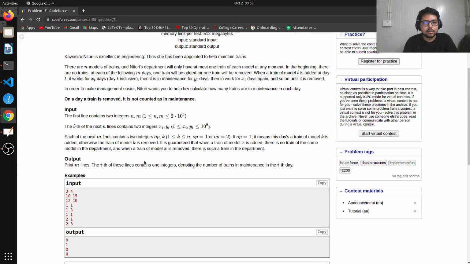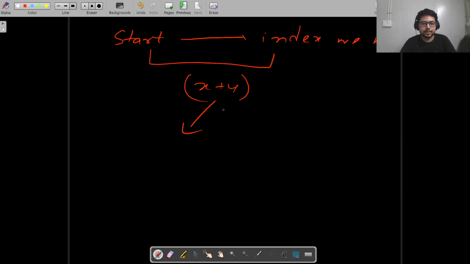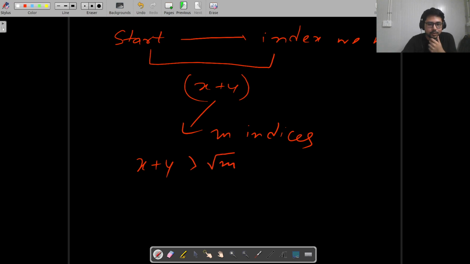So here we are able to see that x for a particular train xi and y can be as large as 10 to the power 9. So first thing is we have m indices. Out of this, if we observe one thing, if I say that for a particular train the value of x plus y is more than root m, then for instance let us consider the entire segment from 1 to m.